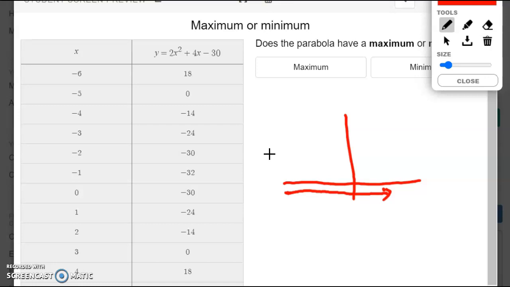What is happening to the y value? Y is starting at something like 18 and then becoming 0 and then becoming more negative and reaches -32, and then it starts coming back up. So you should be able to visualize this kind of parabola. In this case, are you going to have maximum or minimum point? This vertex is going to be the minimum point. So I am going to click minimum.